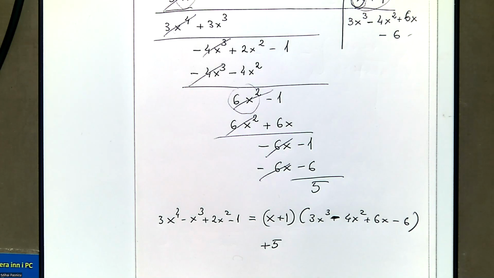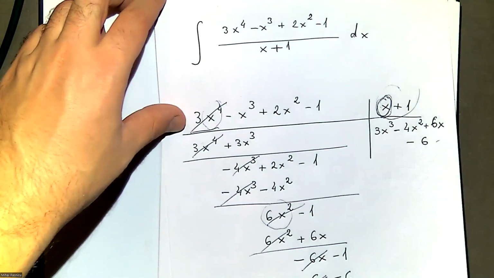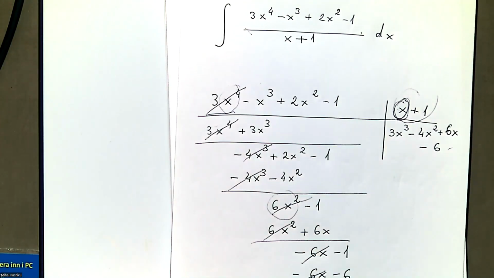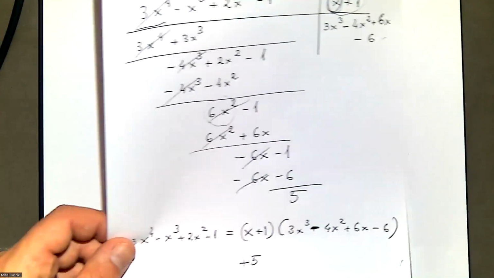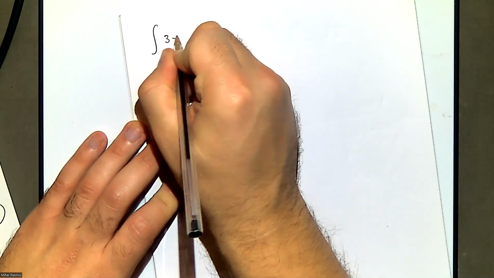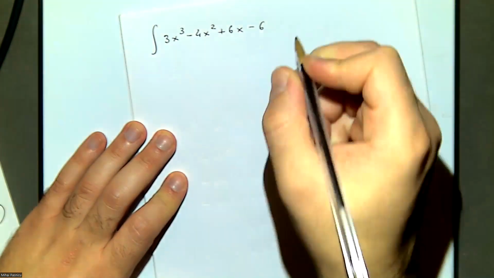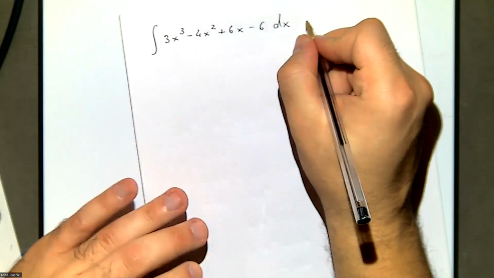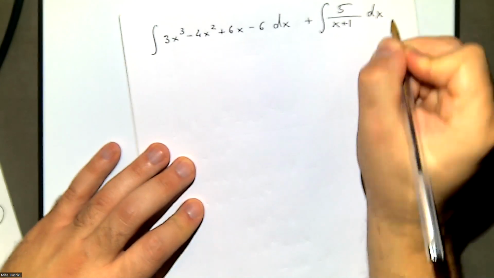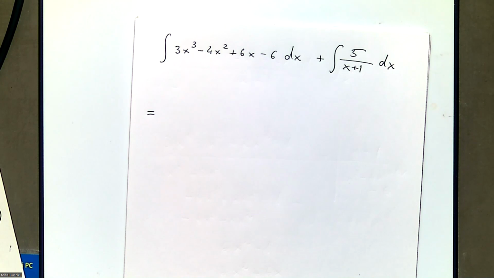Now, if somebody asked me, okay, but this doesn't solve the integral, then I would just plug it in, replacing this thing with what I have here, and I would get the integral of 3x the third minus 4x squared plus 6x minus 6 dx, plus the remainder, which is the integral of 5 over x plus 1 dx. And I hope everyone knows how to solve this by now.